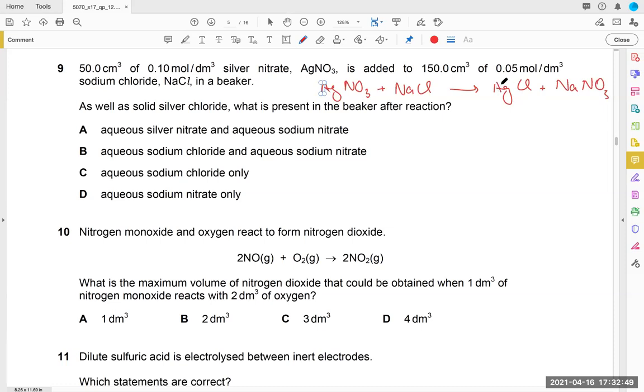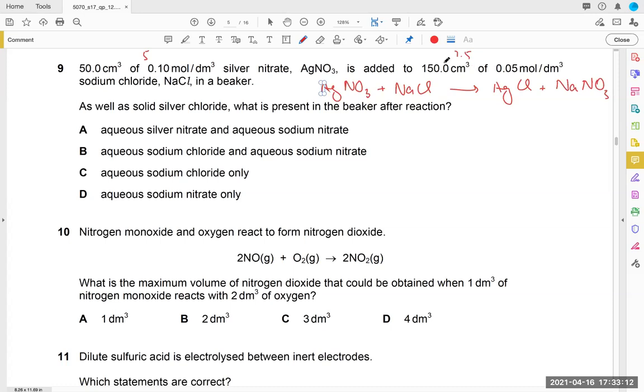Because you know the mole ratio is 1:1, just multiply them. In fact, don't even divide it by 1000. You just want to know कि वो same होगा कि नहीं होगा. So 50 times 0.1 is 5, and 150 times 0.05 is going to be 7.5 if I'm not wrong. You can confirm. I'm doing it mentally.